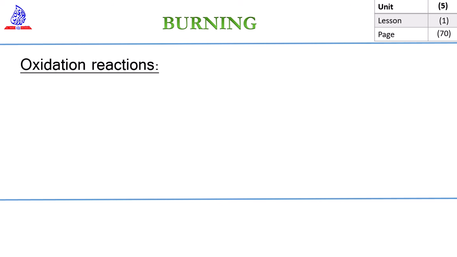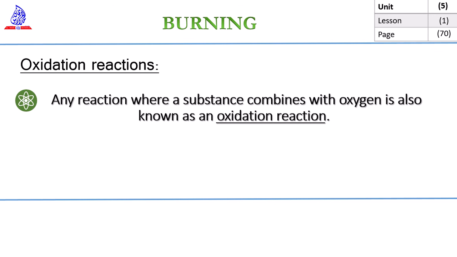So an oxidation reaction is any reaction that includes adding oxygen to a substance, combining with oxygen to form any products. Any reaction where a substance combines with oxygen is also known as an oxidation reaction.